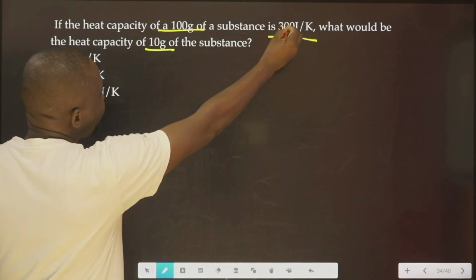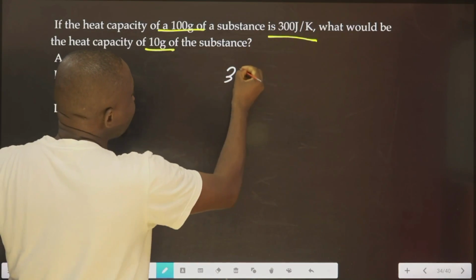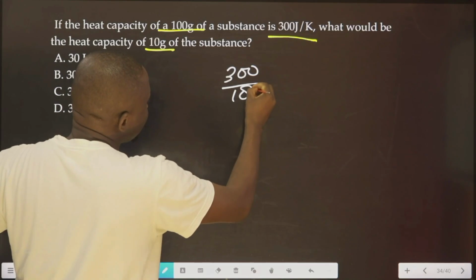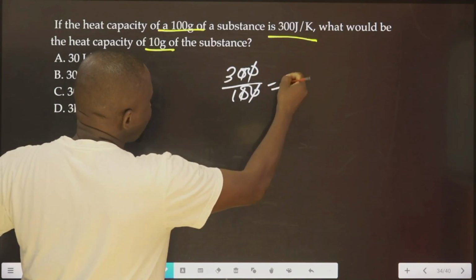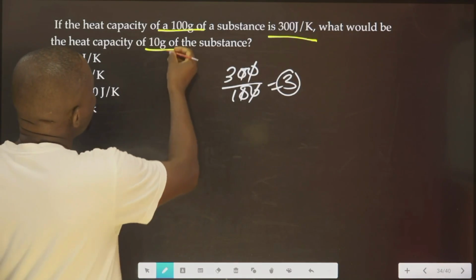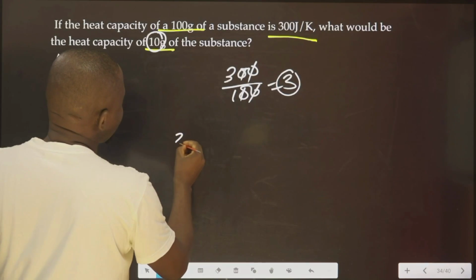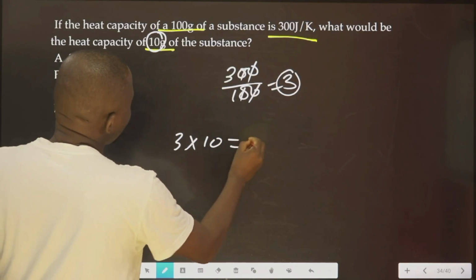Every 100 we have this. To get for 1 gram, we say 300 divided by 100 equals 3 to get for 1 gram. So, to get for this now, because we now know this constant is 3 times 10, which is 30.